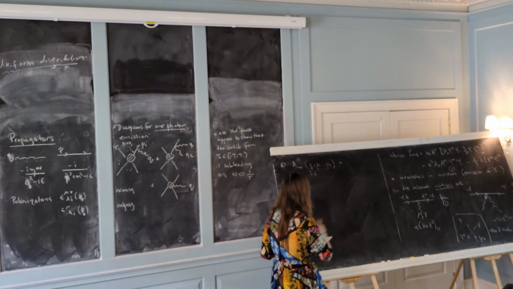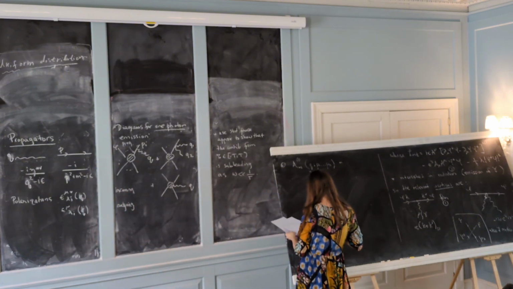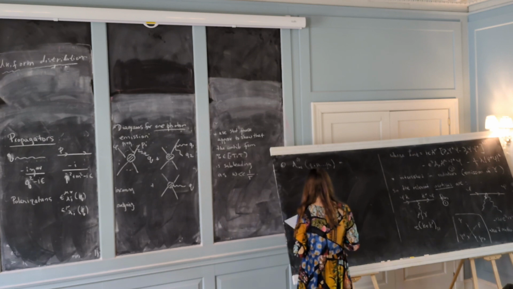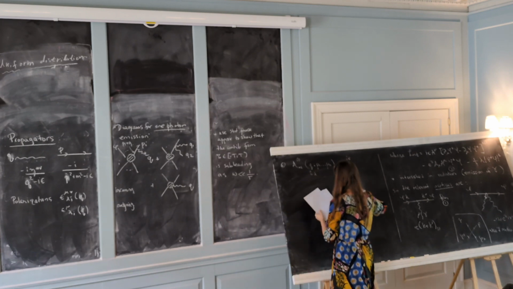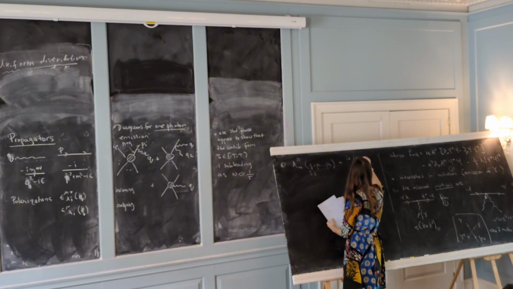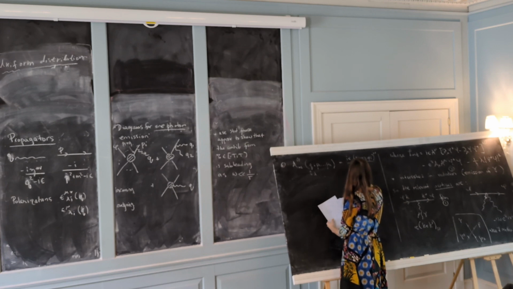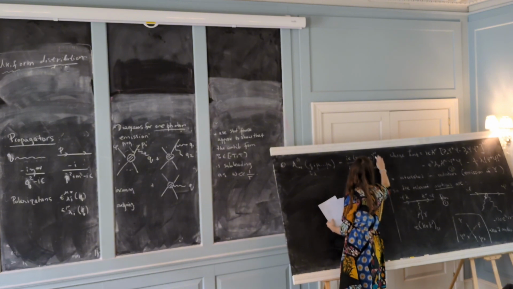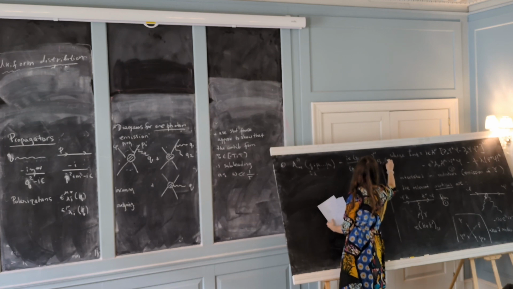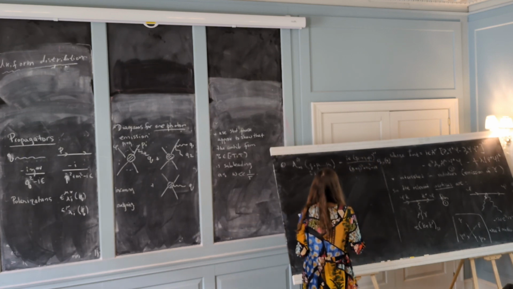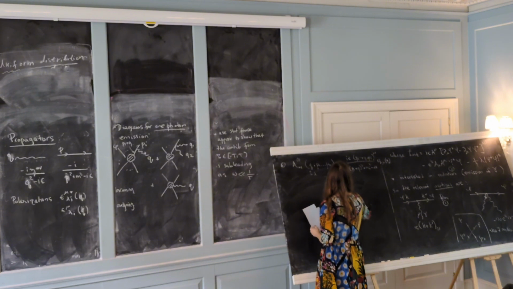So using this formula here, you can show that the vertex is basically ie, and then we have (2p_i plus q)^mu divided by (p_i plus q)^2 plus m_i^2 minus i epsilon, and this is dotted into the polarization tensor epsilon_lambda^mu(q).